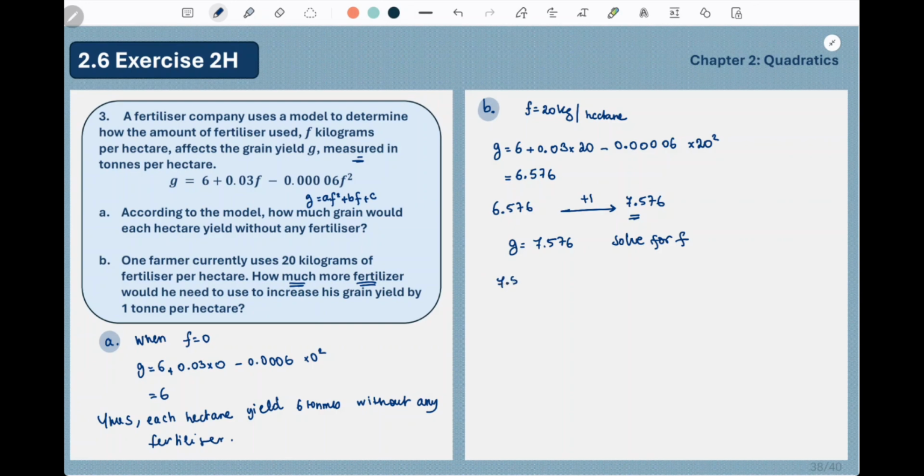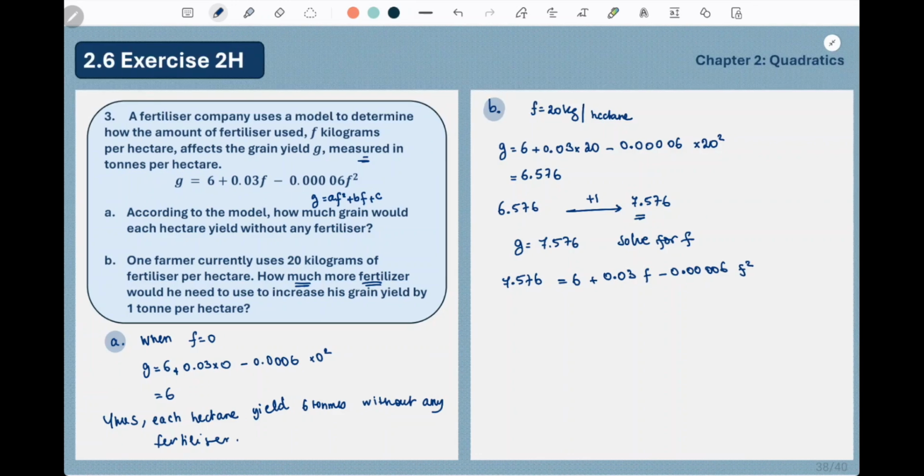So 7.576 equals 6 plus 0.03F minus 0.00006F squared. This is the quadratic equation in front of us, and we solve it using the normal means.